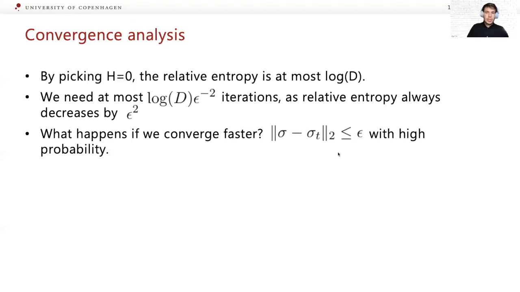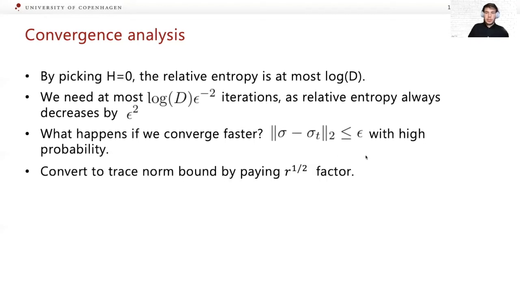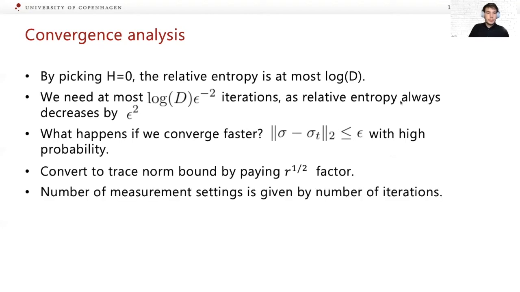And I mentioned low rank, but at no point so far has the rank played any part. Here is where it actually plays a role. If we want to convert a bound in Hilbert-Schmidt distance to one in trace distance, we actually pay a square root of the rank factor while doing that. So that's where the rank assumption comes in, by converting this Hilbert-Schmidt distance into a trace distance bound.